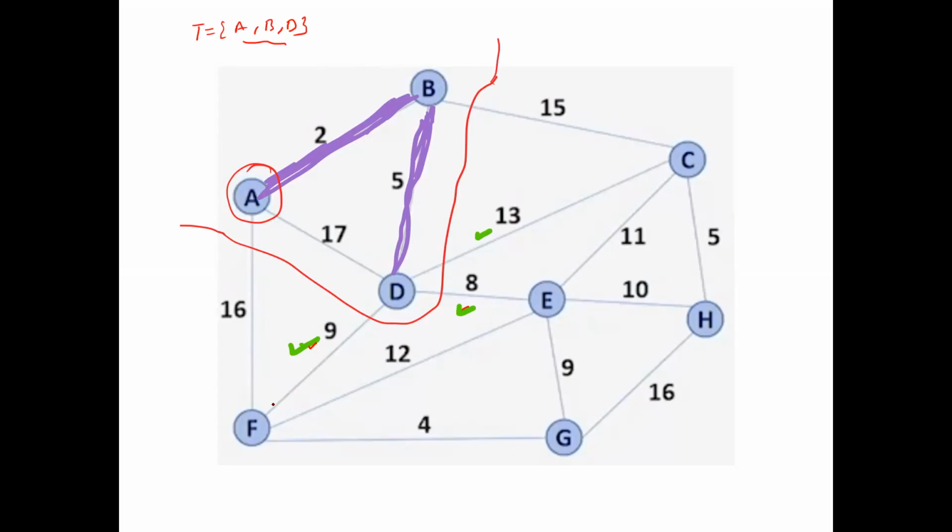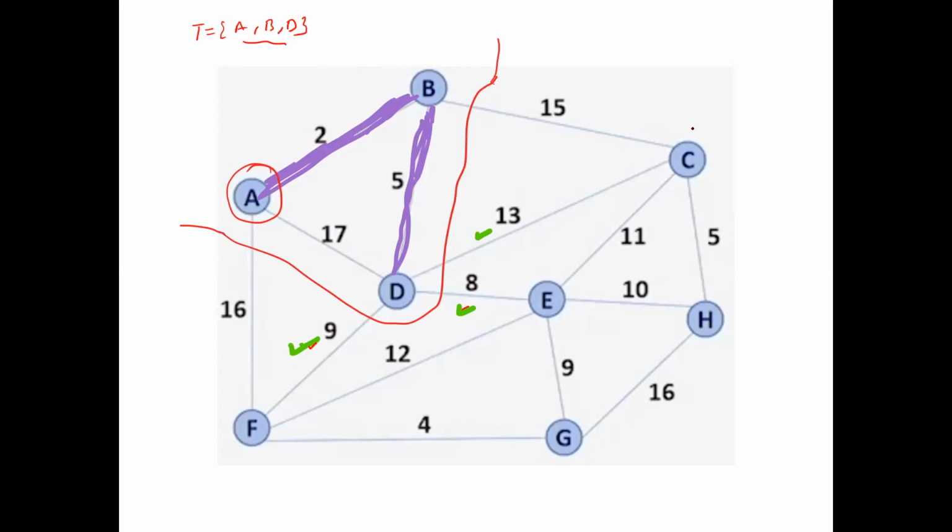We have to pick the minimum cost edge out of 16 or 9. The minimum cost edge is 9, so we'll pick the green tick, the DF edge. Now the vertex E is connected directly to this partition only through the edge DE. The edge weight of this is 8.